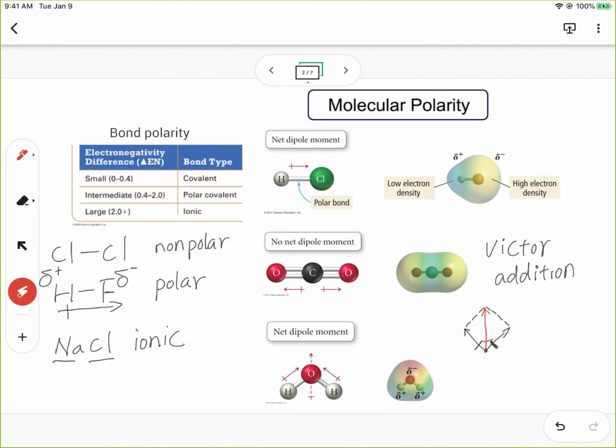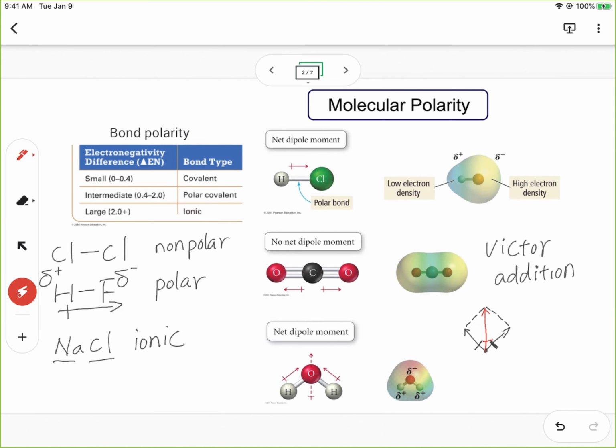So is there an easier way for us to figure out whether a molecule is polar or nonpolar? The answer is yes. But don't get me wrong, vector addition is the ultimate and most accurate way to figure out whether a molecule is polar or nonpolar.